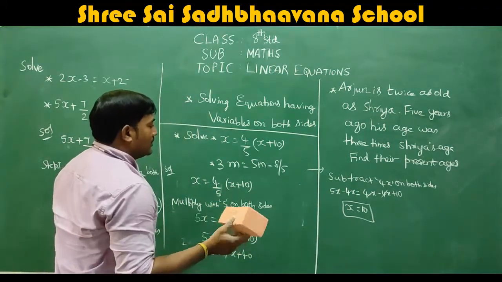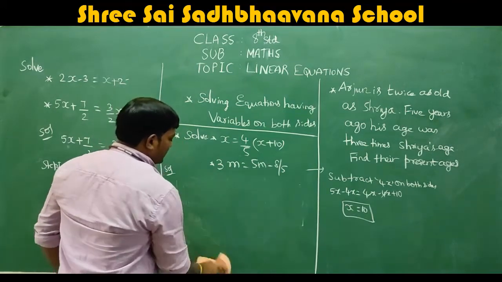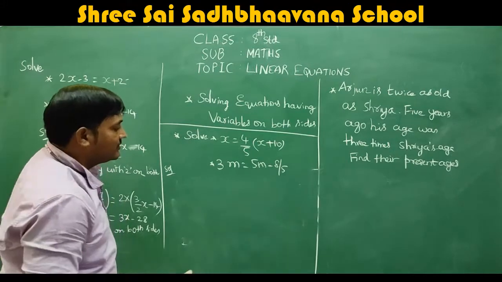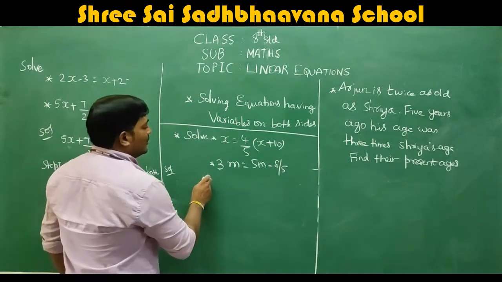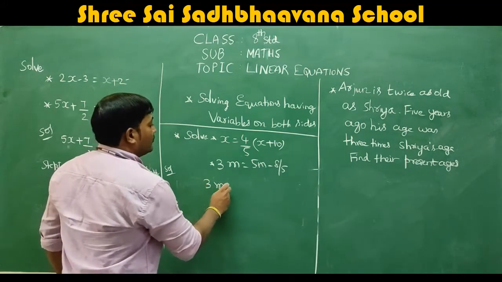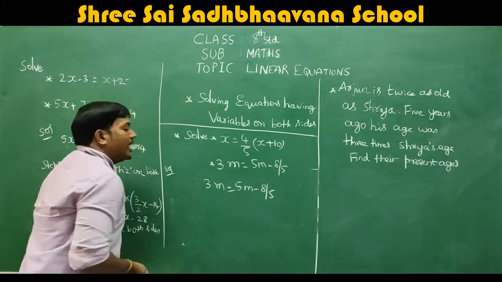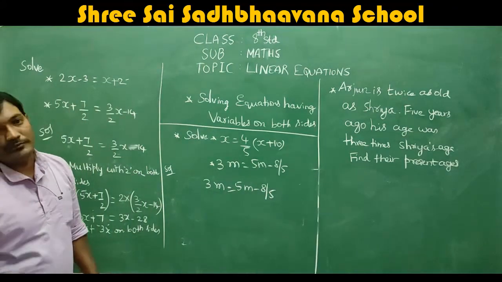Okay. Let me do one more sum of this. The other one is 3m is equal to 5m minus 8 by 5. So here we have to eliminate the fraction form again.